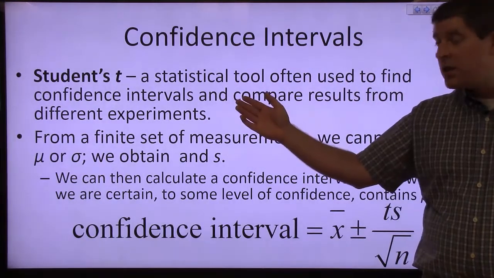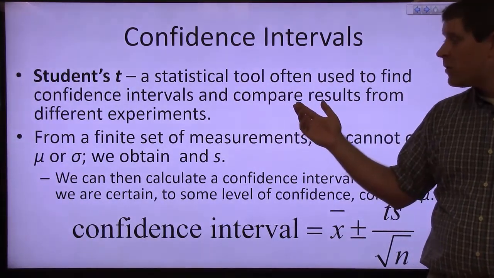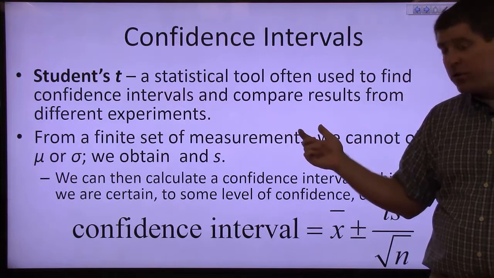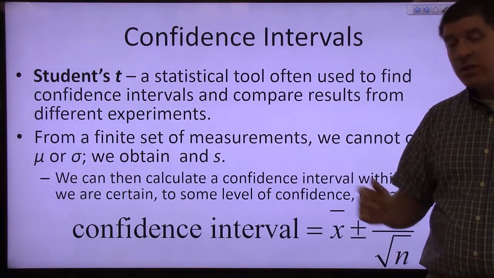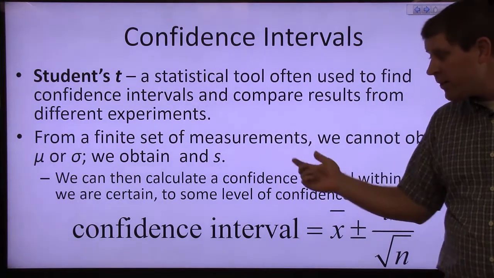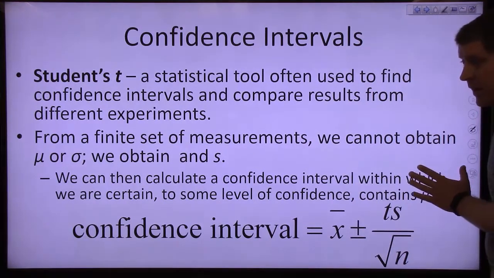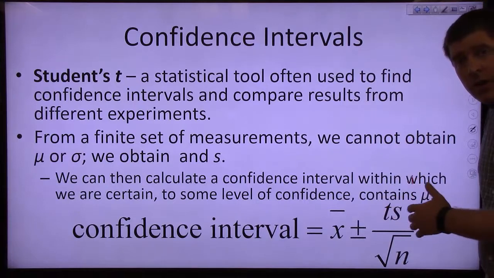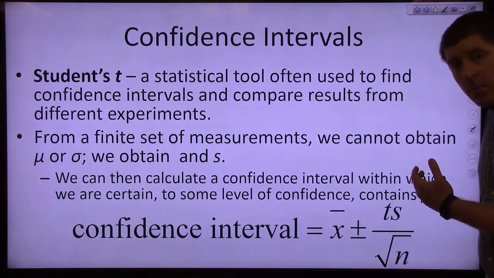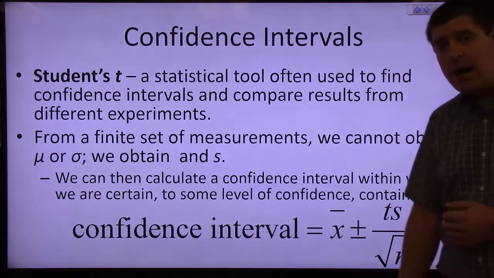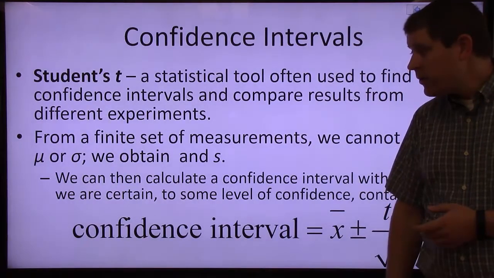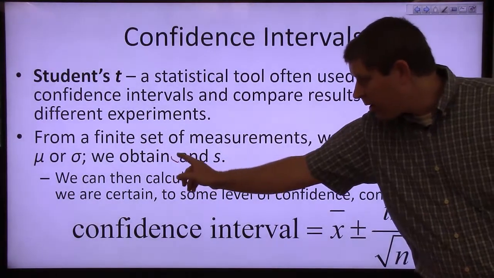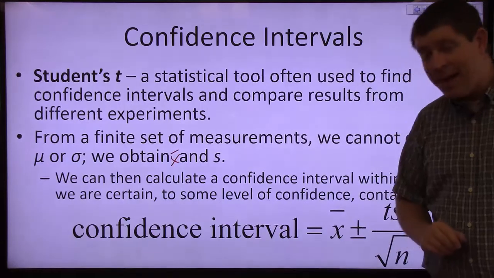A student's t is a statistical tool that's often used to find confidence intervals and compare results from different experiments. From a finite set of measurements, we cannot obtain mu or sigma, because remember, those discuss the population mean and standard deviation. Instead, we obtain x bar and s.